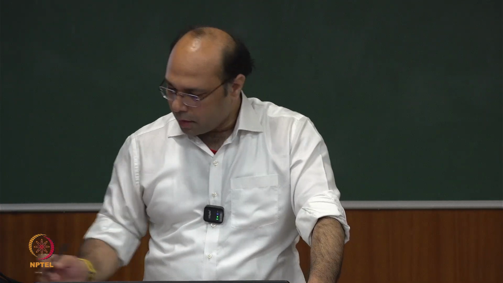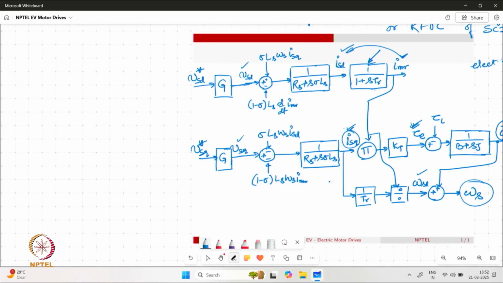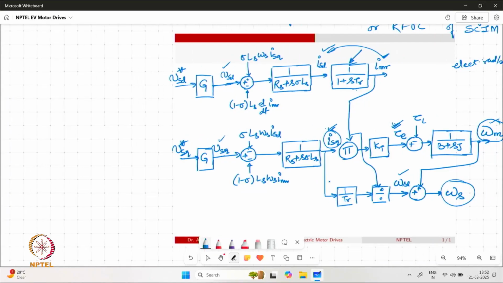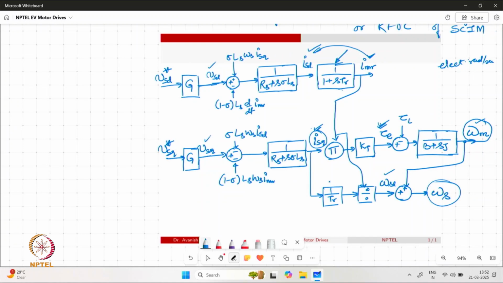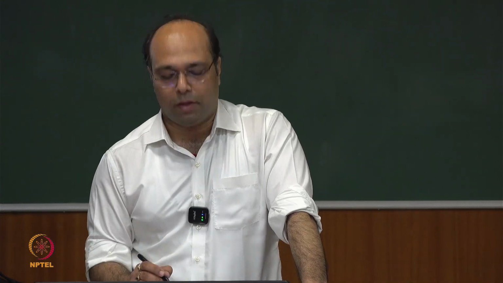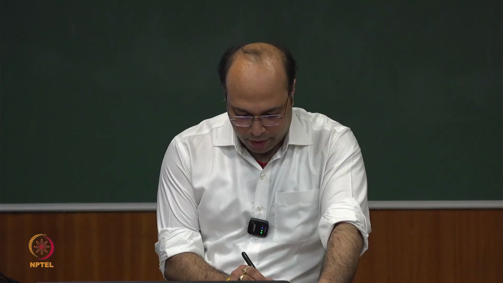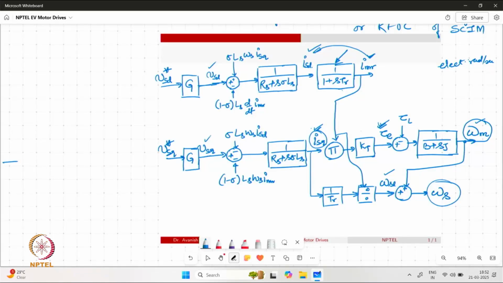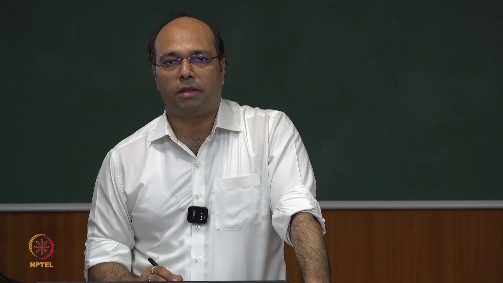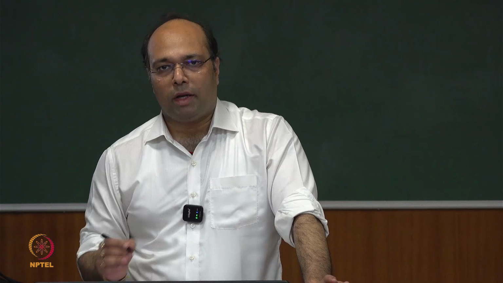So when we are planning to have control on any quantity, it is going to respond on the basis of a certain reference given to the system. So we are going to have, say, a reference omega m star for the system, and once again we are going to use feedback based control for good dynamic performance.